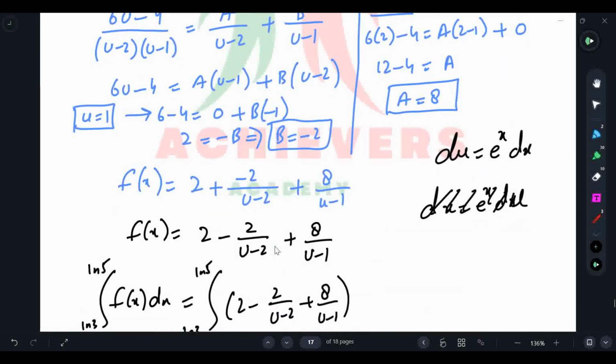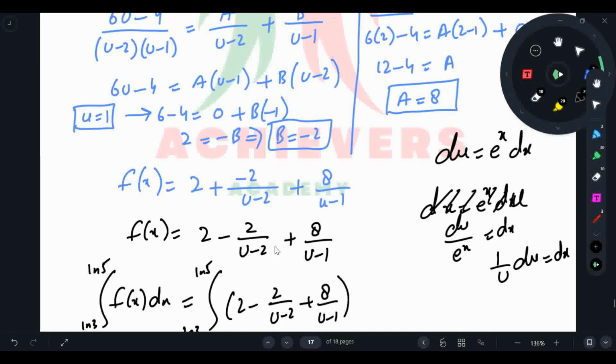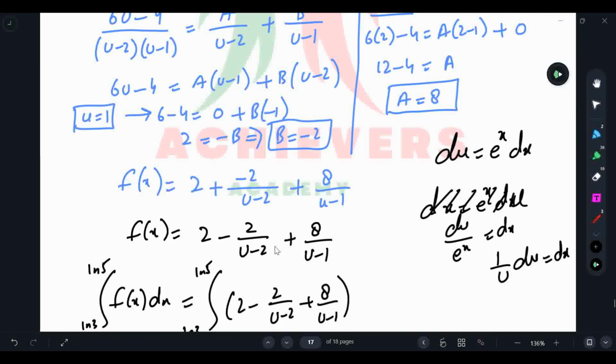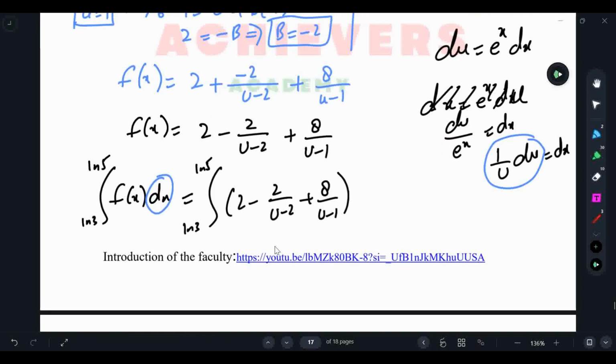So dx will be equal to du by e power x. We know that e power x is equal to u, so 1 by u du is equal to dx. So from here we can replace this dx with 1 over u du.